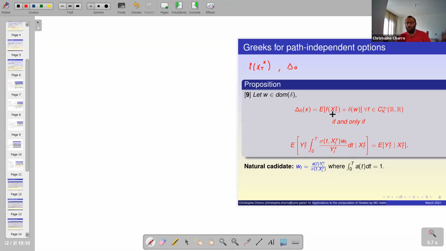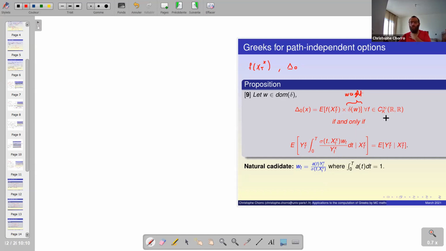In this situation I have a necessary and sufficient condition in order to obtain the weight for the delta and this kind of contingent claims: to obtain the weight as the squared integral of someone, one has to fulfill this condition. Now we are going to see how to use this proposition in practice and concretely.